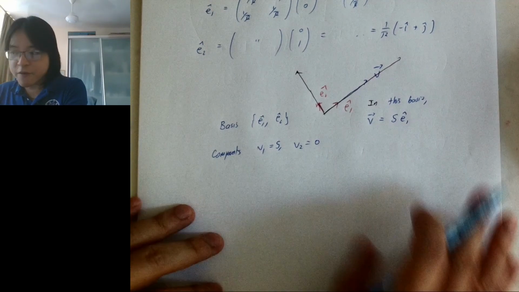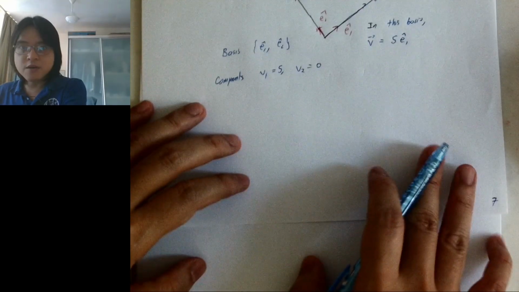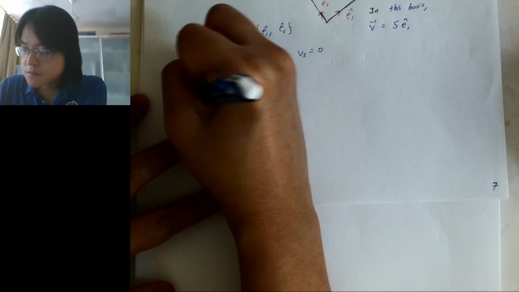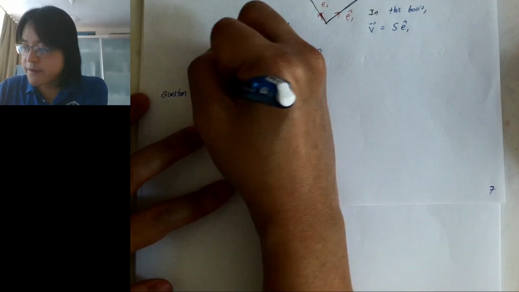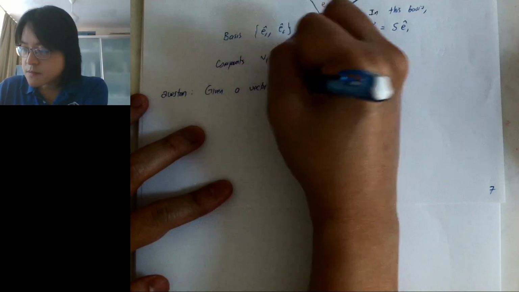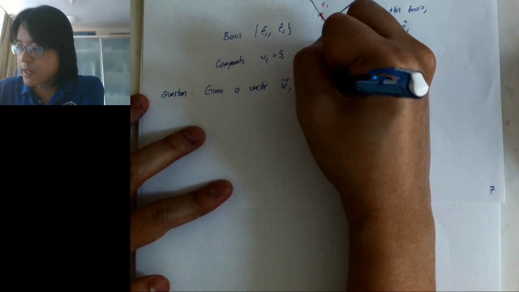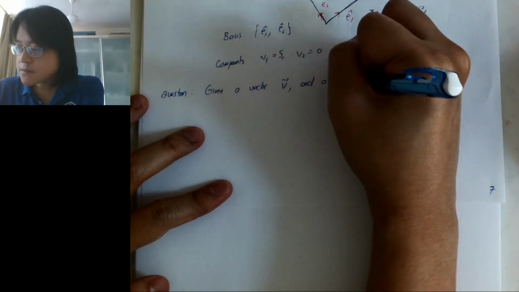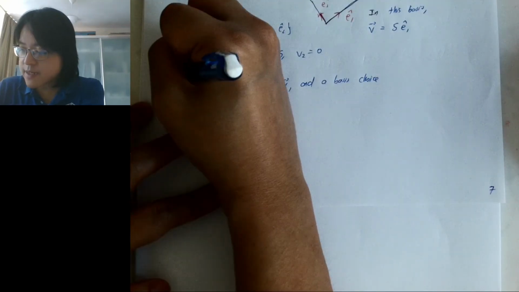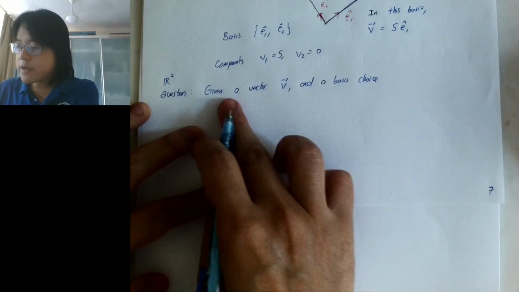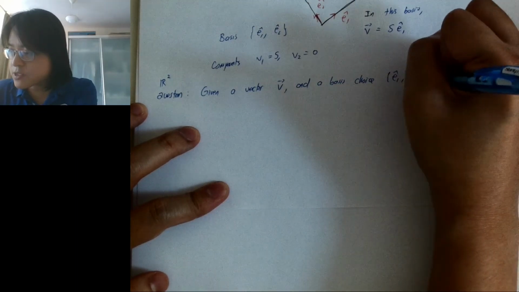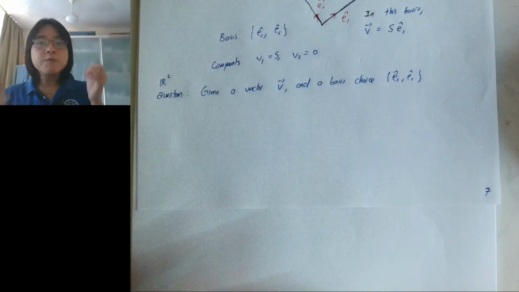But for now, we must concern ourselves with this question. Given a vector v and a basis choice, we are still using R2 as an example. Let's take the second choice, but let's say we don't know the components.